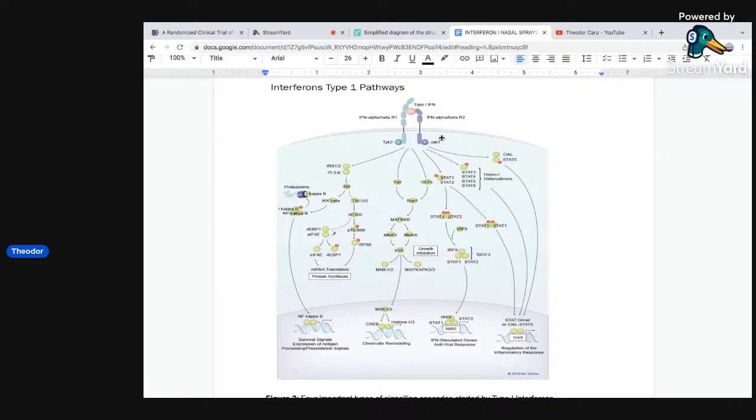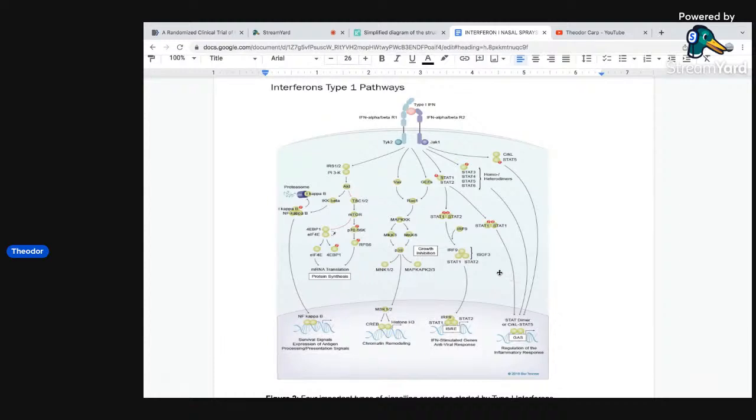So it's a dimerized receptor. It's a dimer. So outside you have these structures that bind the protein, and inside you have the JAK1 tyrosine kinase 2 dimer.